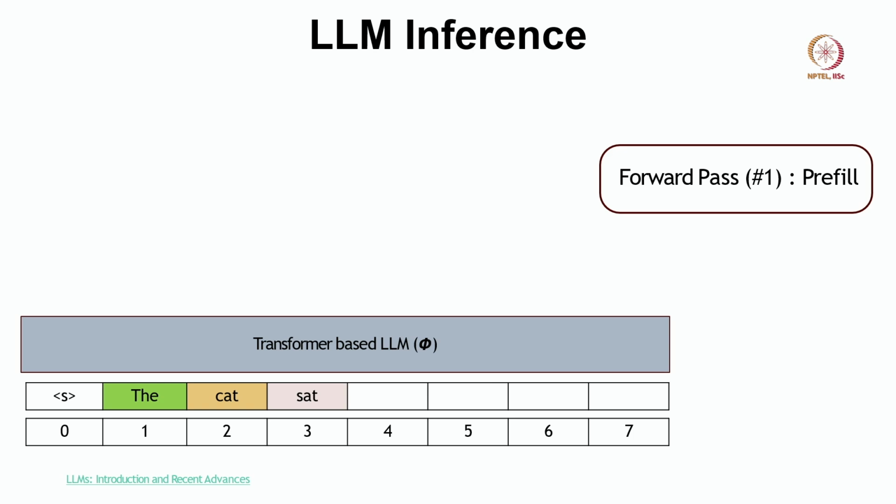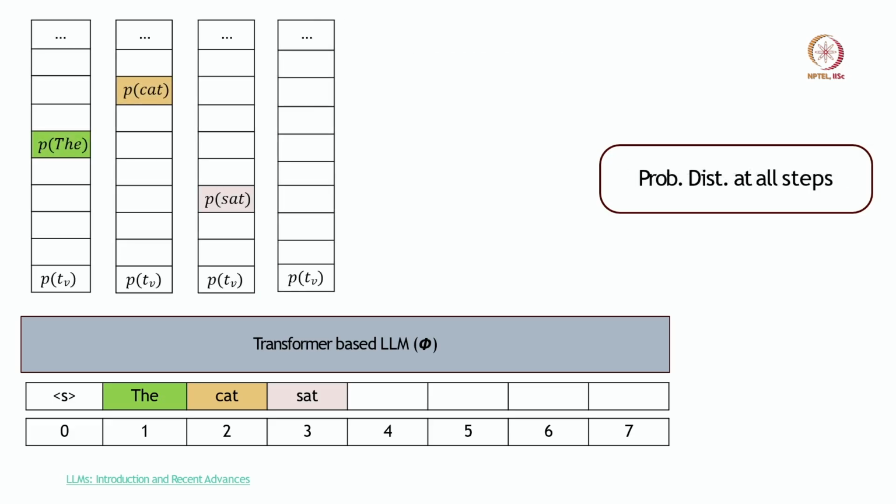Now let's say the prompt is "the cat sat", right. In the forward pass, what will happen? The cat sat is there, and then in the last layer, the probabilities of all the tokens will be computed, and whichever token has the highest probability will be taken as the next token. Let's say the token "on" has the highest probability, so the next token is "on".